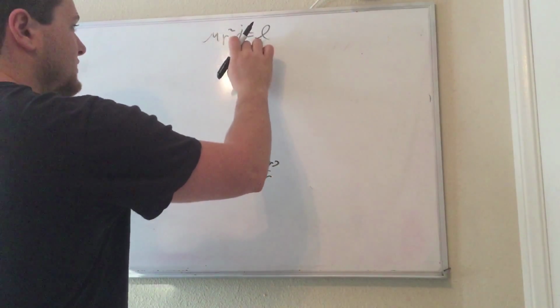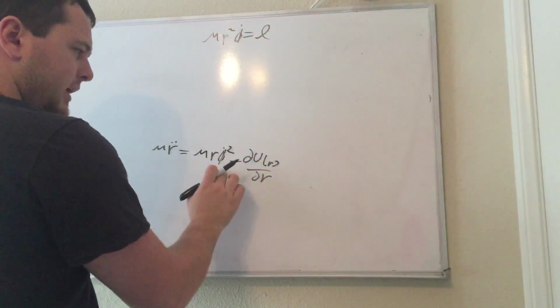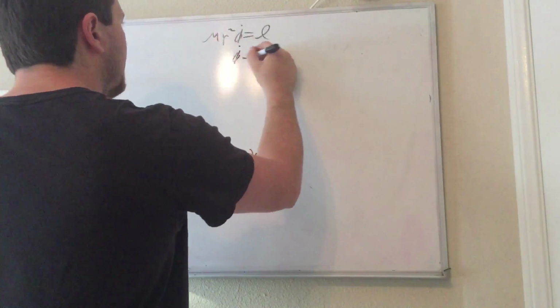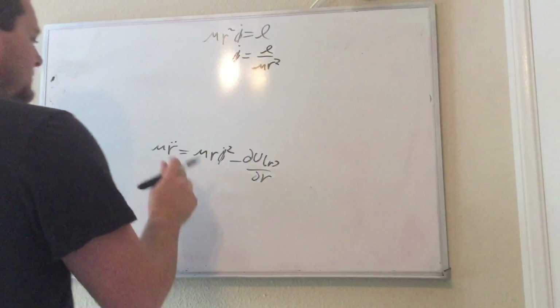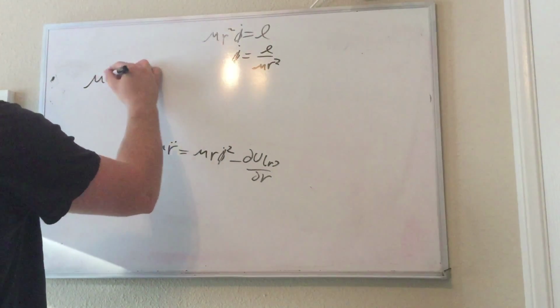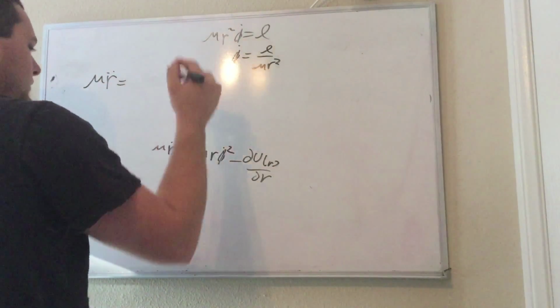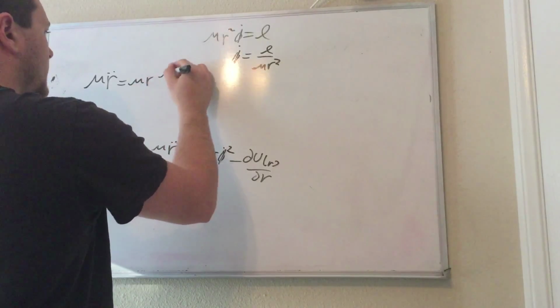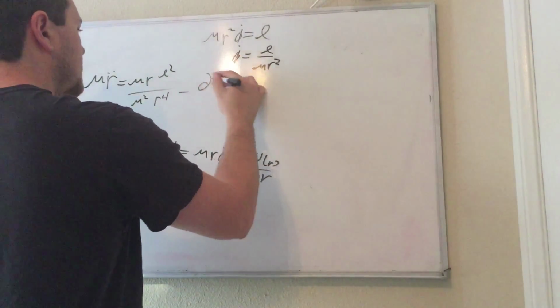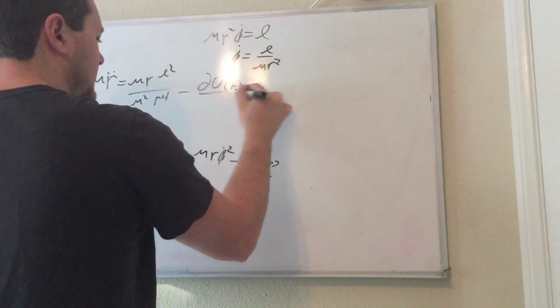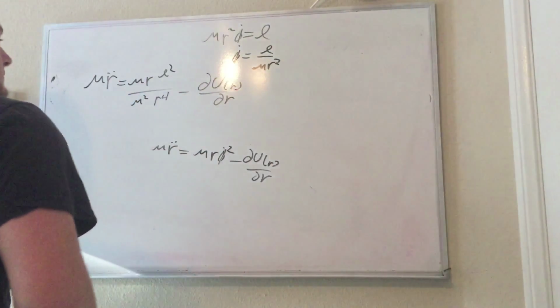Let's apply this, because we know this has to be constant, and plug it into here. So we just get that phi dot is L over mu r squared. So let's apply that to here. This is going to give us a new equation that looks like mu r double dot equals mu r L squared over mu squared r to the fourth minus the partial derivative of our potential with respect to r.